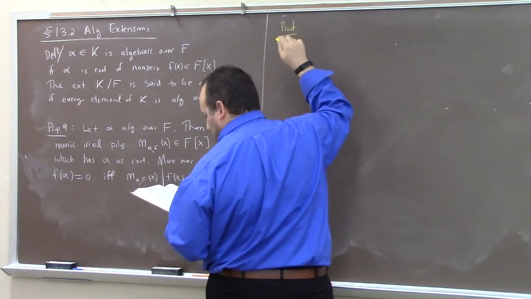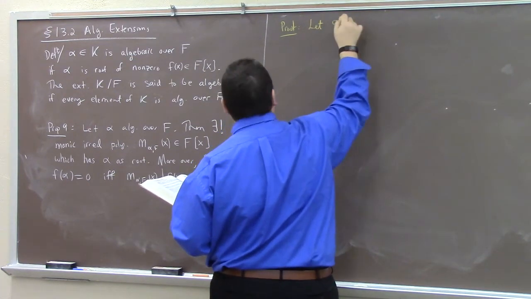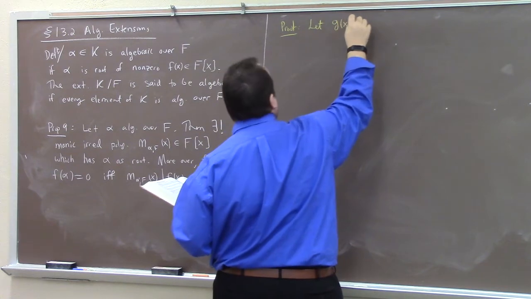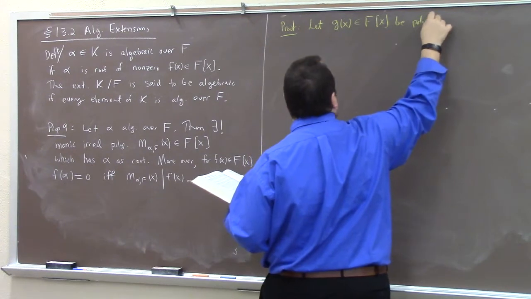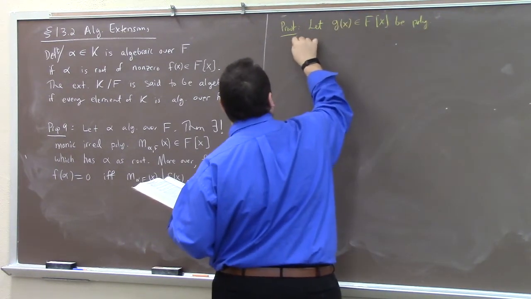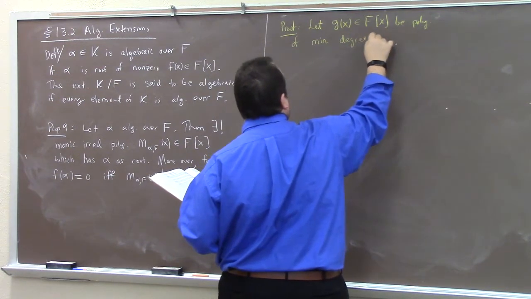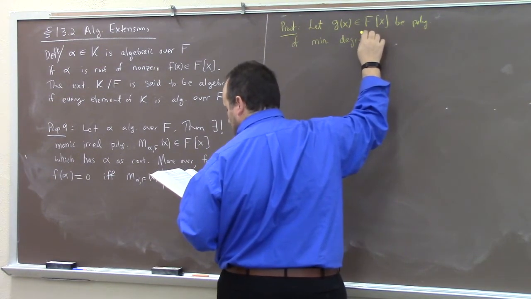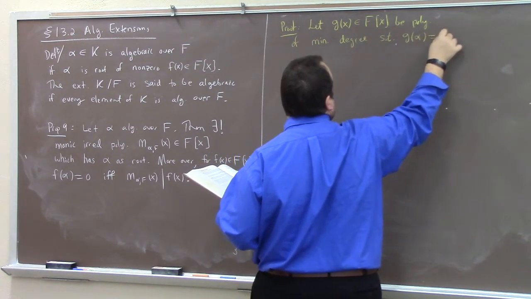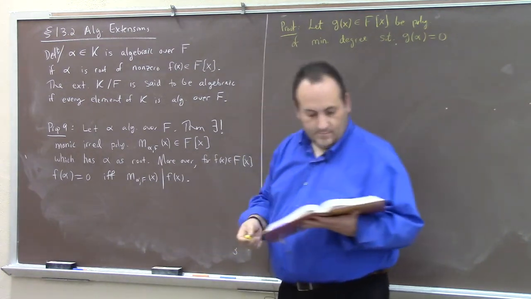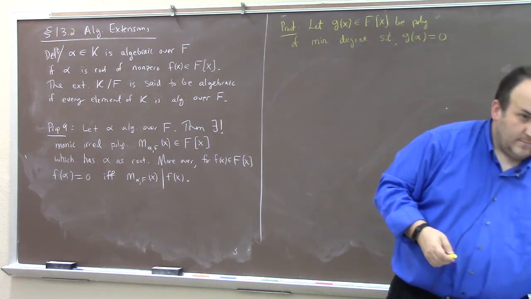Let g of x be a polynomial of minimal degree such that g of alpha equals 0.